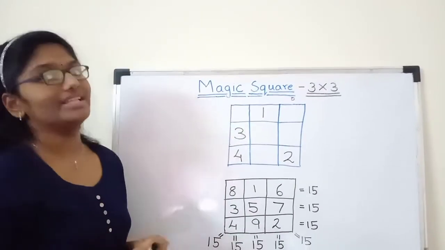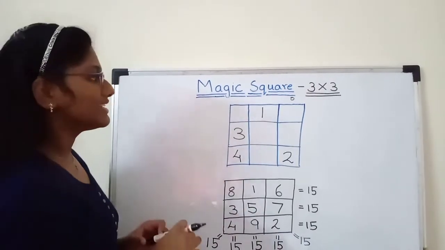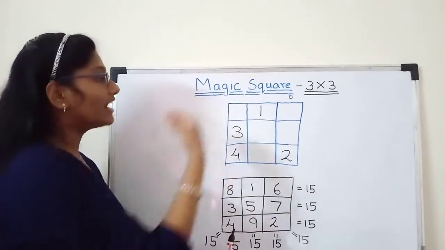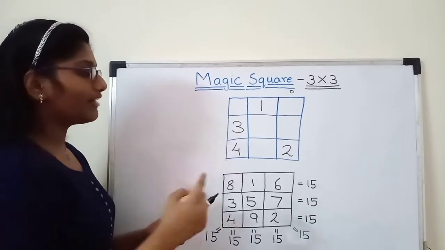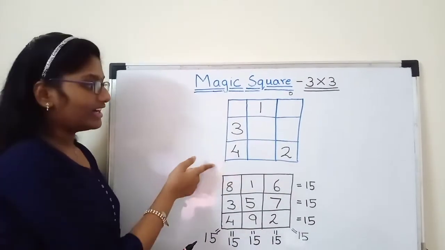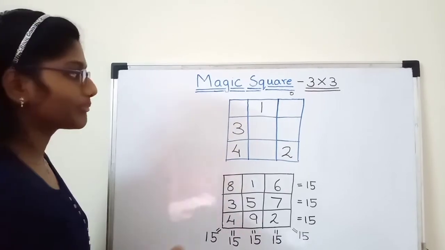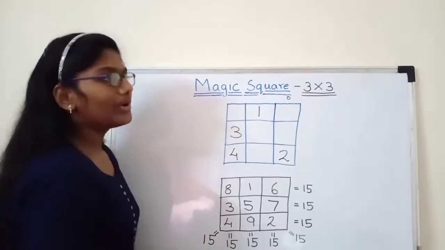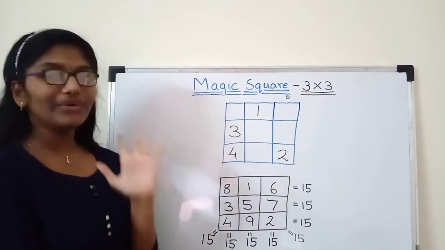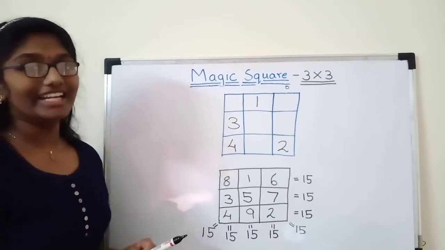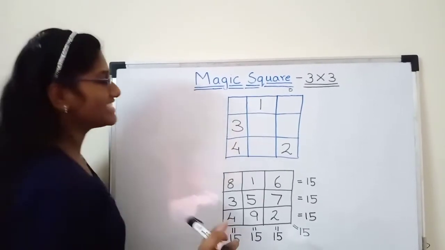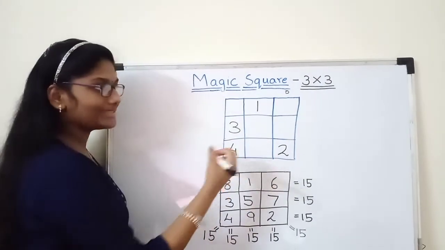And the fourth rule, which we used just now, is that in case there's another number written in the place where we have to write the number, we have to write it under the previous number. Now let's continue. Only by following these 4 rules we can make amazing magic squares, and you can even challenge your friends. Now let's proceed.